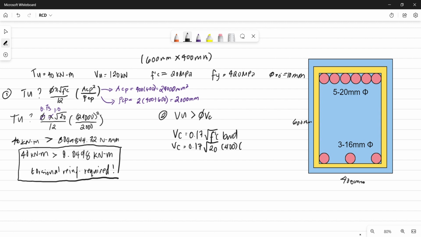Your depth, okay, we don't have an effective depth yet. So let's compute muna pala dito yung effective depth mo.